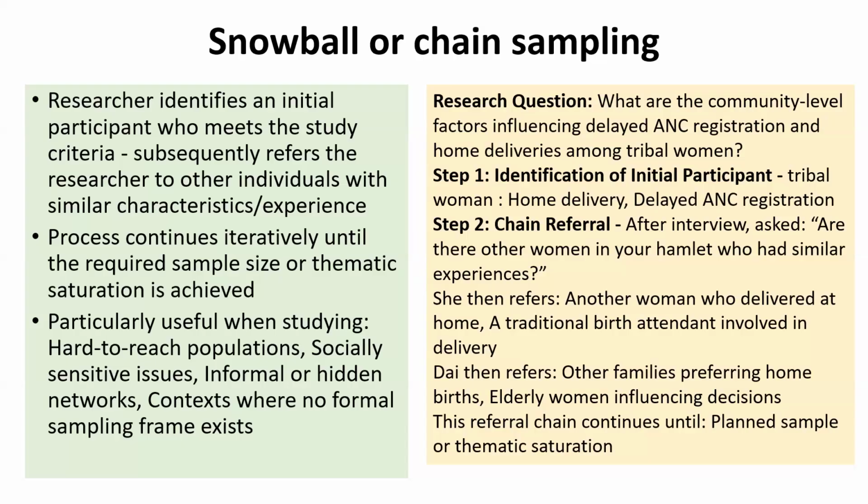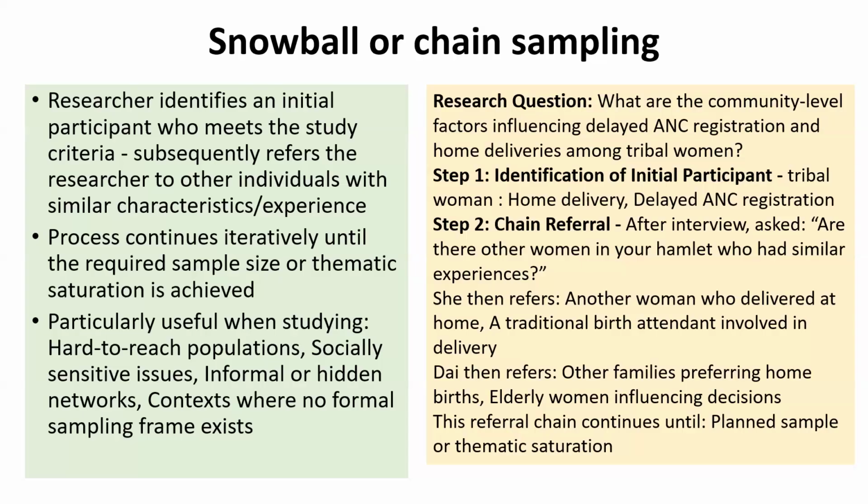So in this example, if you get the first person in your sample as a woman who delivered at home and who had a delayed ANC registration, you interview her using your interview schedule. At the end of the interview, you ask her, do you know any other woman in your village who has had similar experiences? She may tell you the name of another woman who has delivered at home, or even a dai who has conducted the delivery.